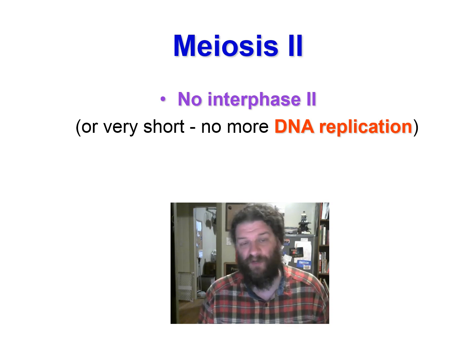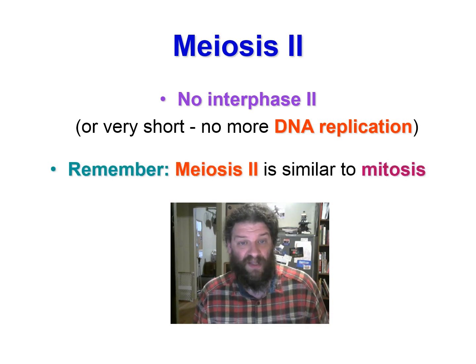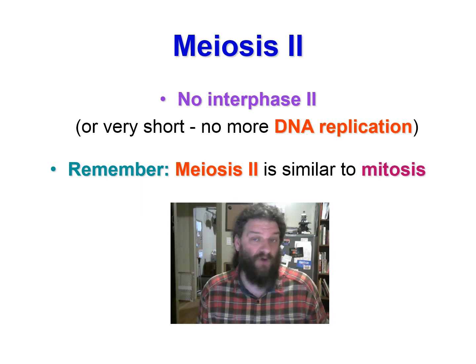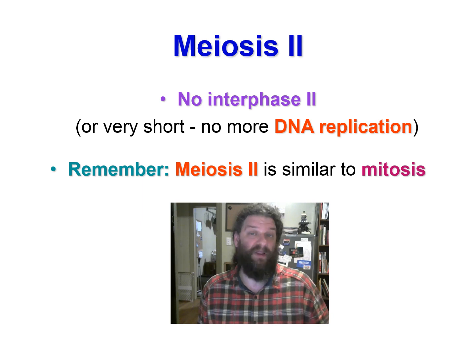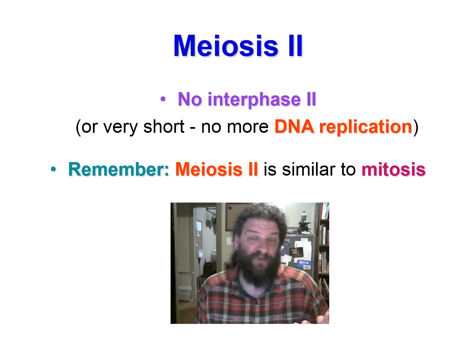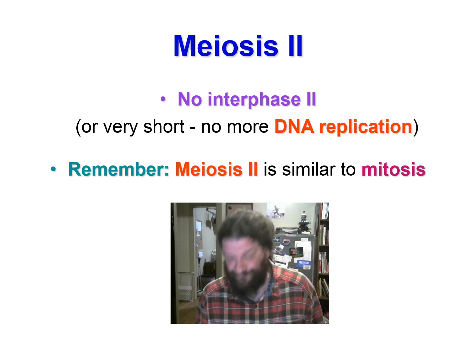Between meiosis 1 and meiosis 2, there's no DNA replication. Remember, we're trying to halve the number of chromosomes. By the end of meiosis 1, we have halved the number of chromosomes. We started out with 46 chromosomes, and now after meiosis 1, there are 23 double chromosomes. It doesn't matter that they're doubled, that's still 23 individual chromosomes. So we've halved the number already.